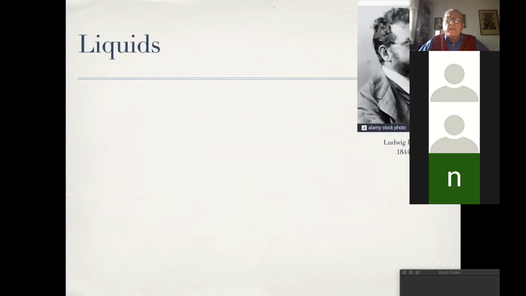At the turn of the 19th and 20th century, there was a Viennese physicist, Ludwig Boltzmann. We already learned this Boltzmann constant k_B. He was actually the father of the kinetic theory of matter in a proper mathematical formulation.